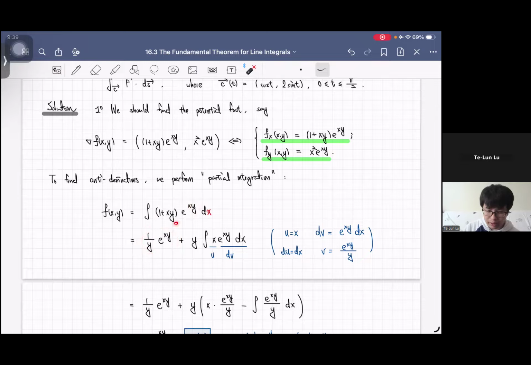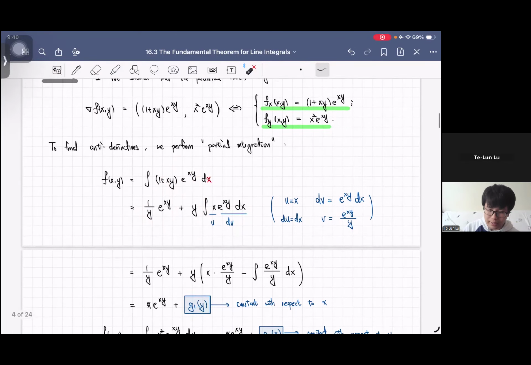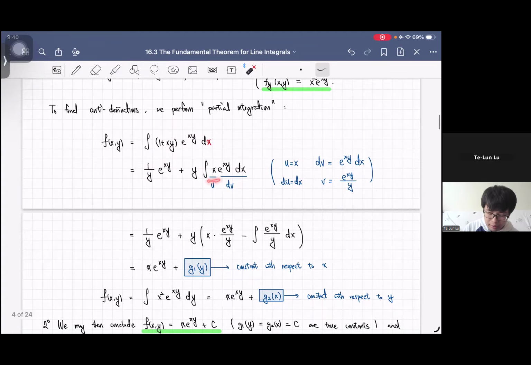The second term here, we can factor out y because it is a constant. You have the integral of x e^(xy) dx, which is a very classical example of integration by parts, right? We set x to be u, and e^(xy) dx to be dv. In that case, du is simply dx. If you integrate this, you'll get v to be e^(xy) divided by y.